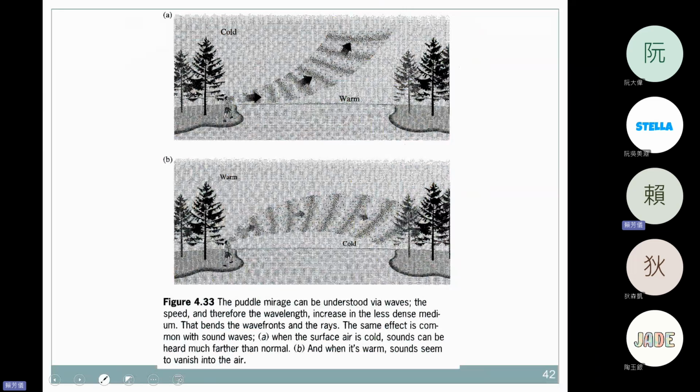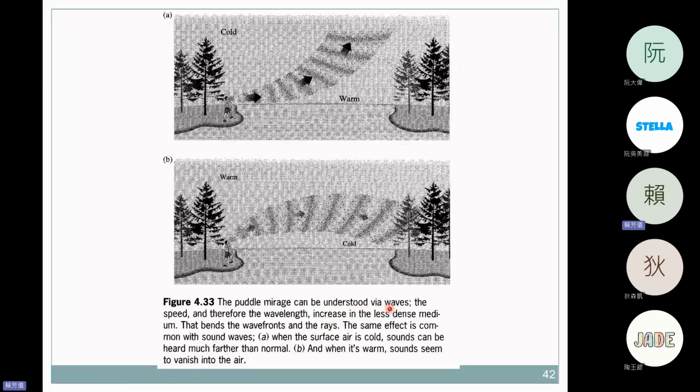The situation also happens with sound. Sound can also show this kind of situation. This figure shows the puddle mirage, which can be understood via waves.